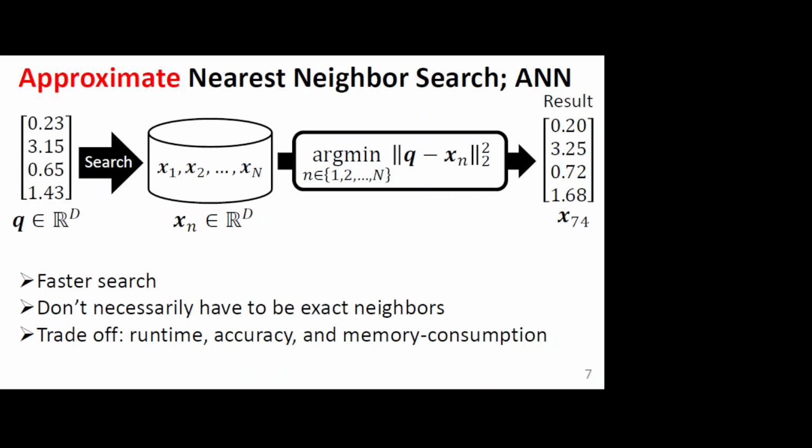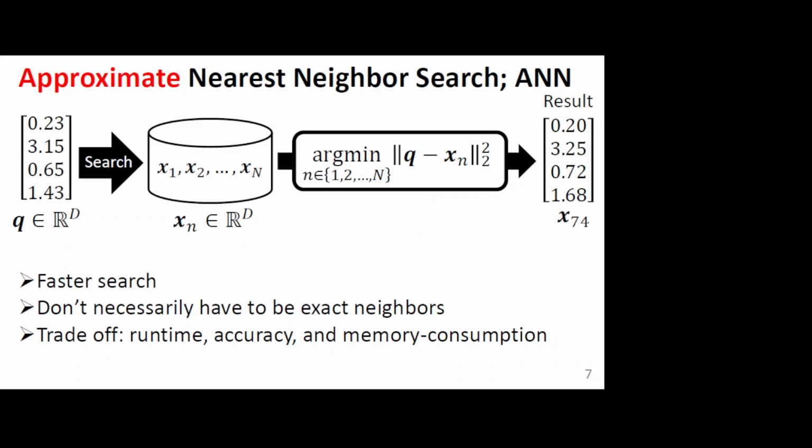This makes your search faster, but the trade-off is you may not retrieve the exact neighbors.